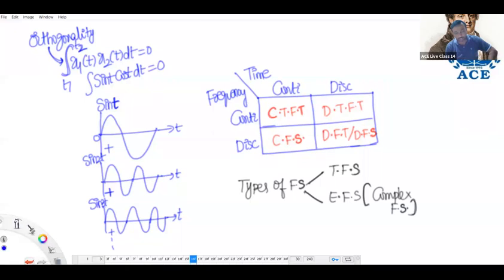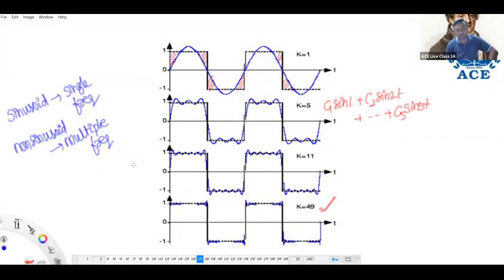Okay, I'm going to the next slide. Here I have shown some rough graphs. When you take a rectangular pulse, by adding multiple sine functions, it is converted to the original graph. So after 49 sine terms addition, we feel the original graph is almost recovered.